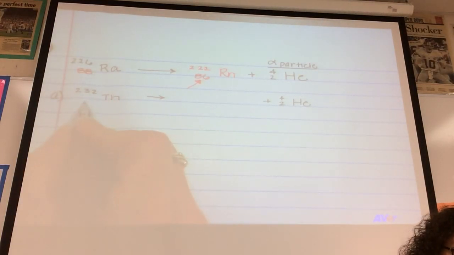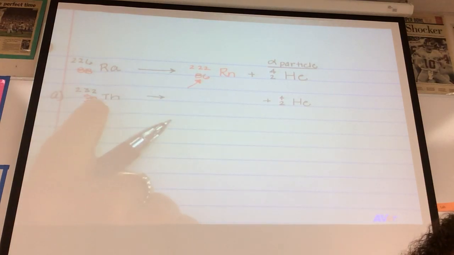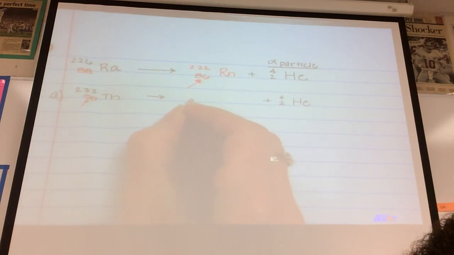Well, you have to figure out what this is, right? How do you get that? It's 90. Periodic table, 90 is correct. What plus 2 is 90? 88. Or you can do 90 minus 2, whatever rocks your world. 232 minus 4 is? 228. Use your periodic table, and this is radium.